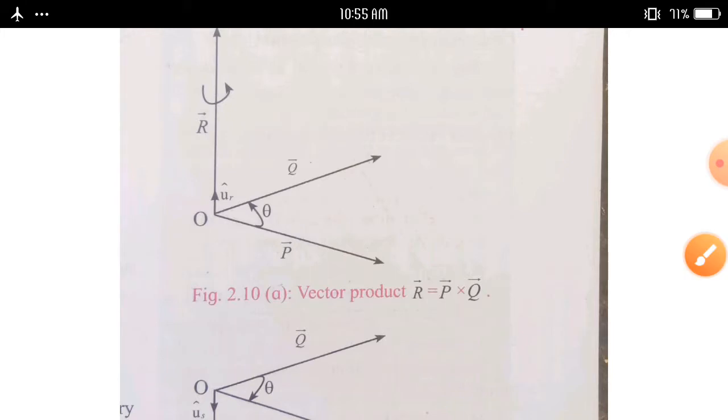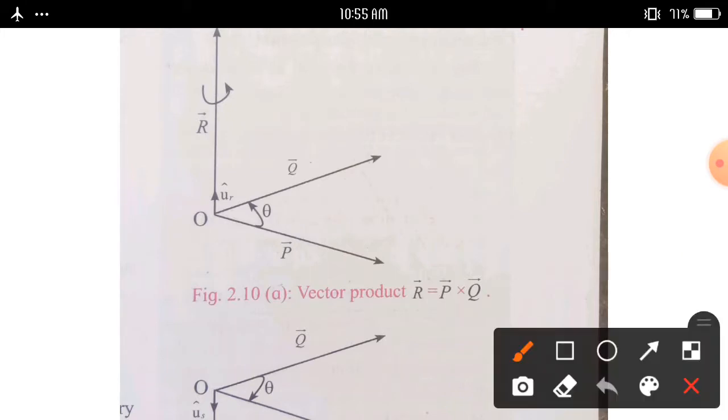See in this diagram, p bar and q bar, direction of the vectors in this way, then we can find the resultant in this way according to the right hand screw rule. Then the vector product we can write here r bar is equal to p bar cross q bar.